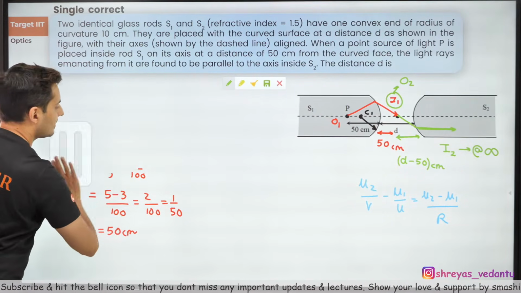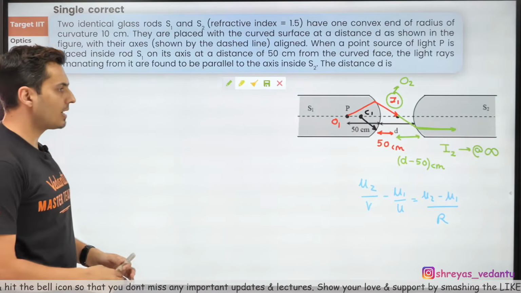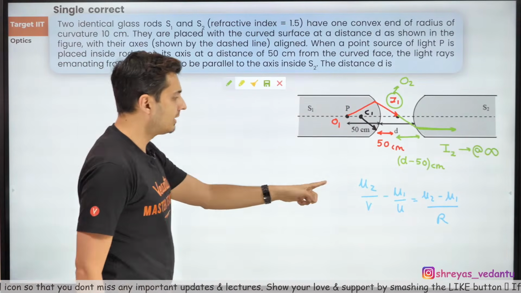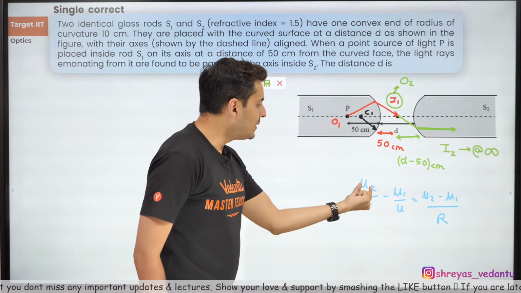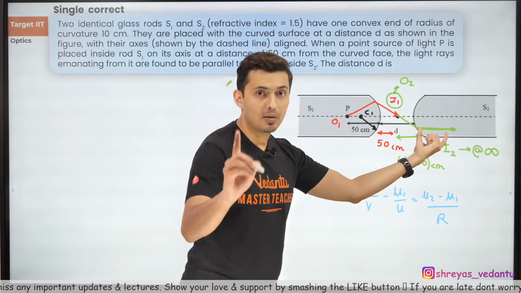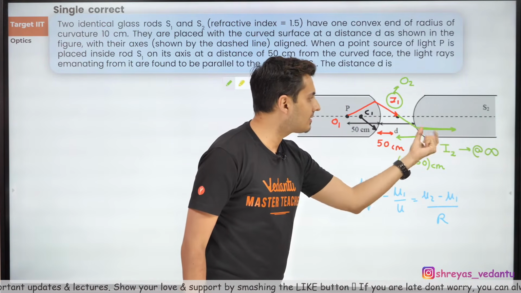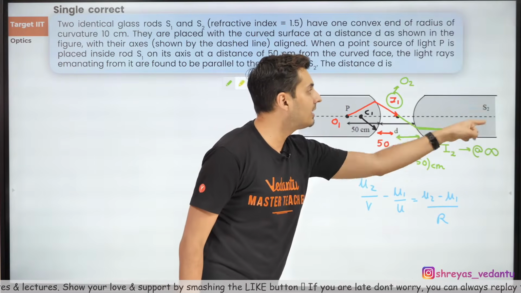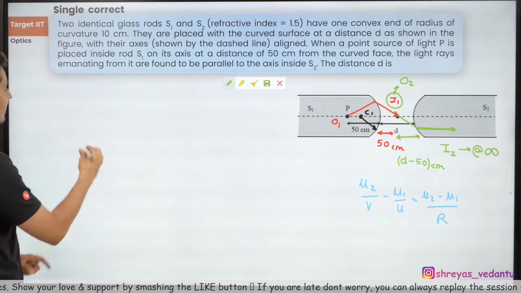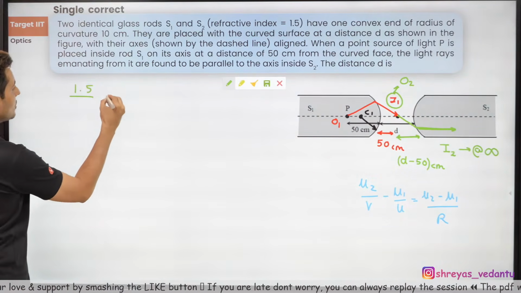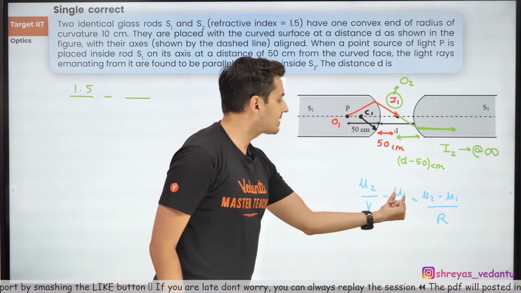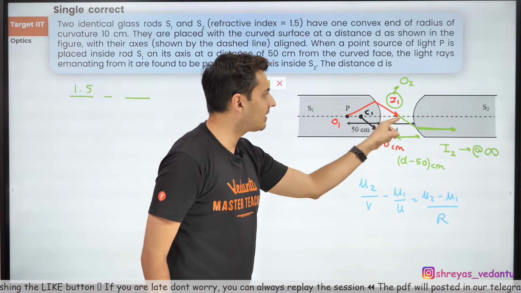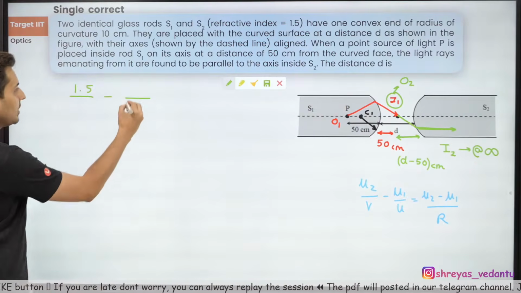I'm erasing this because I don't need it anymore. Again, starting with the same equation, mu2 is the refractive index of the medium where the refracted ray is. That medium has a refractive index of 1.5, minus the refractive index of the medium where the incident ray is, in air, which is 1.